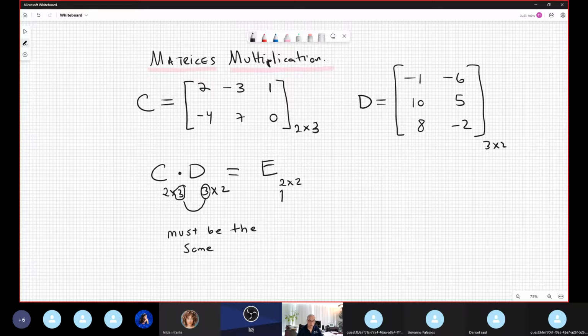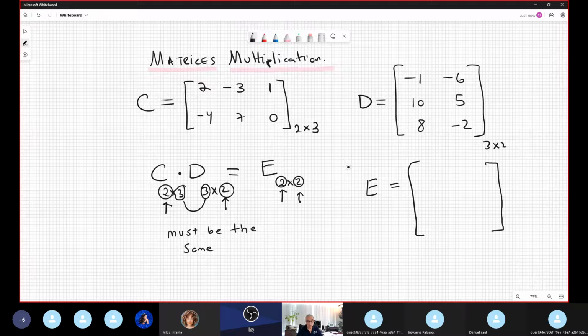This 2 is this, and this 2 is this. It is not always the same. In this example it's the same, 2 by 2, but not necessarily. What's important is that this number is this number, and this number is this number. So the answer that we expect when I finish the multiplication is 2 by 2, so 4 elements.